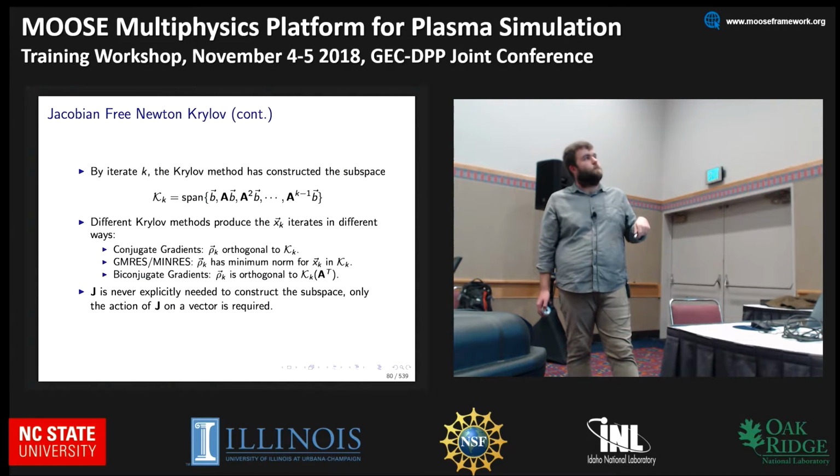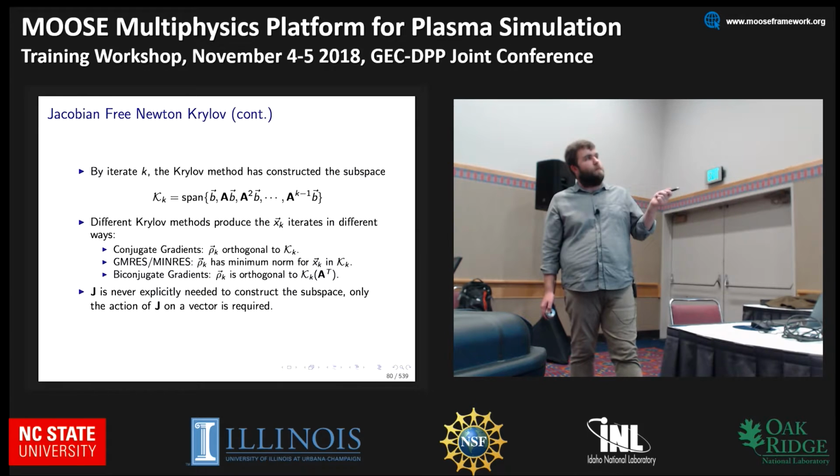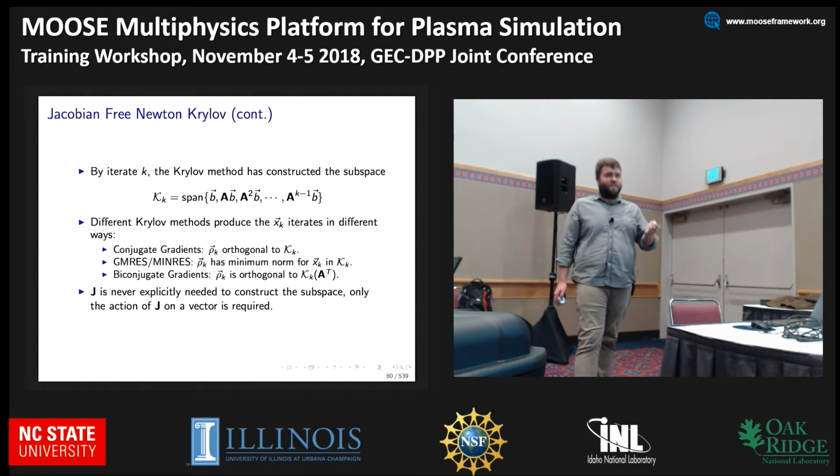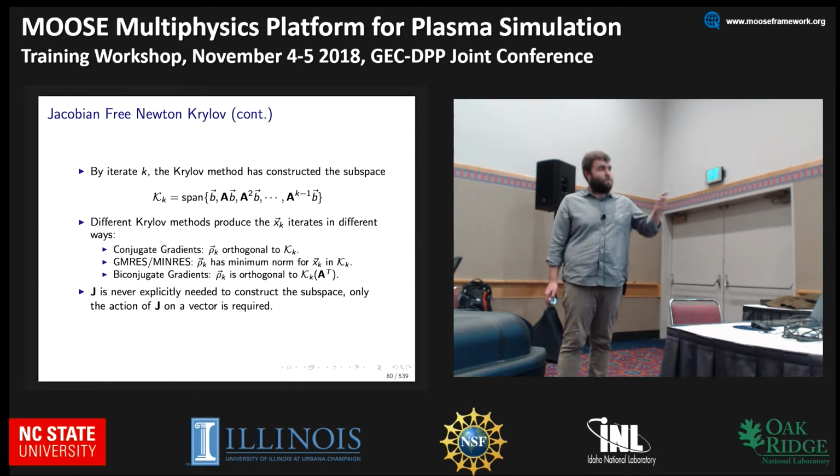I'm not as familiar with this portion, so I'm leaving this as a reference. The Jacobian-free Newton-Krylov method has a lot of different settings and versions, and I'm going to leave that.